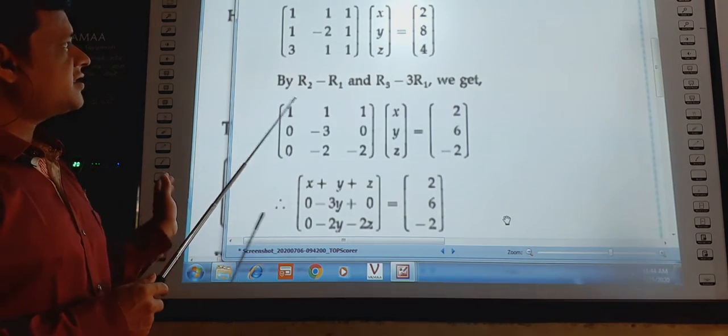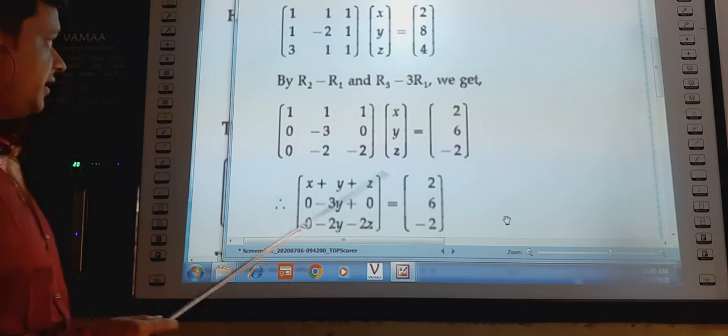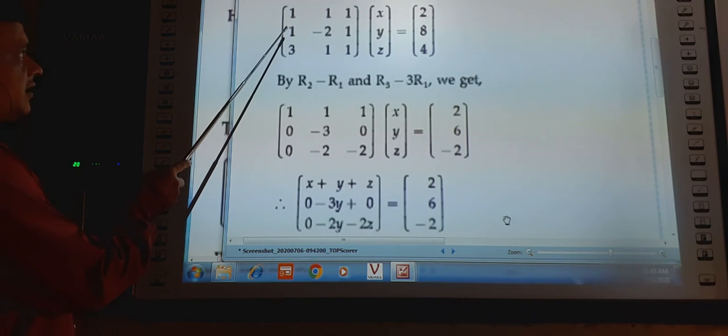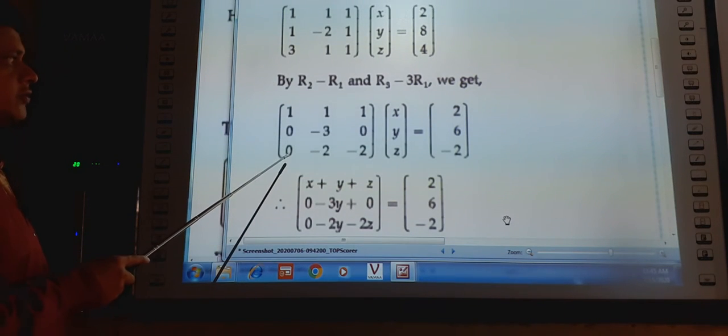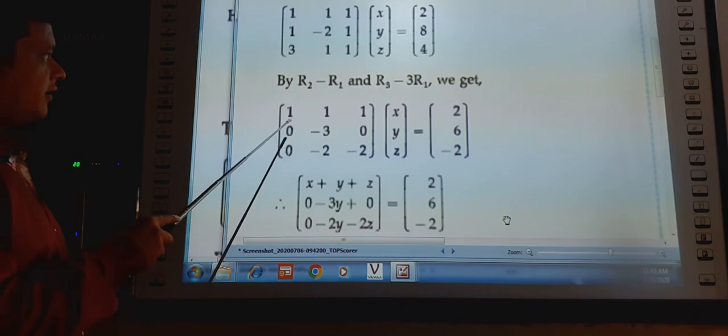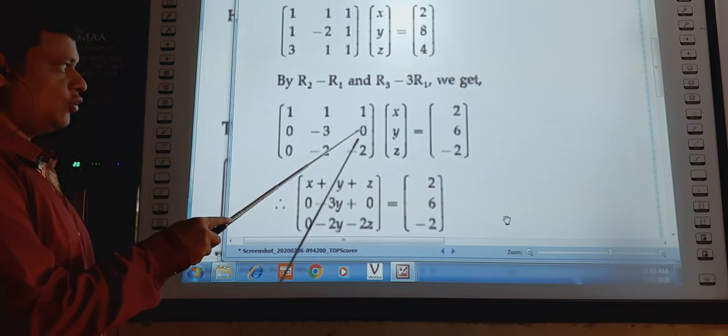Now in some problems there is no need to reduce it into an upper or lower triangular matrix. In this example, in place of 1 we reduce it to 0, in place of 3 we reduce it to 0. While applying this elementary transformation, here we get 0.